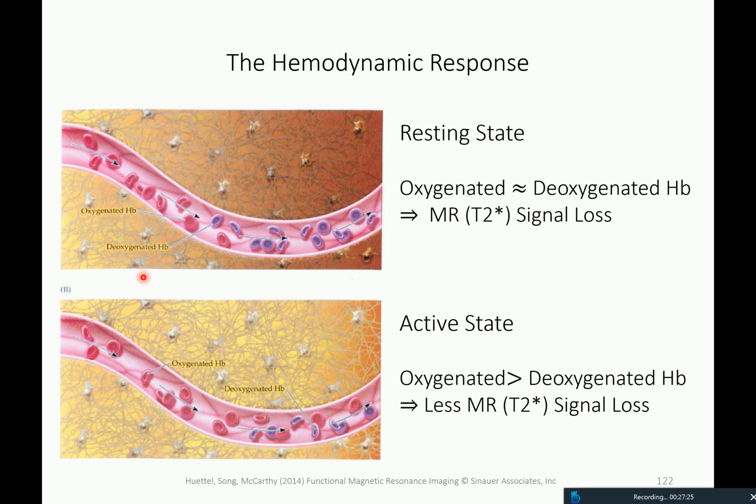And that's maybe a little bit, given what we've discussed so far, a little bit counterintuitive, that in the active state you have this increase in oxygenated hemoglobin, and the question is, why does that happen? So it's clear that in a way, if there's neural activity, oxygen is required, but if one would think very basic about it, one would think that, okay, now the neurons eat the oxygen, so the oxygen goes away and the deoxygenated hemoglobin increases, but that's not the case.